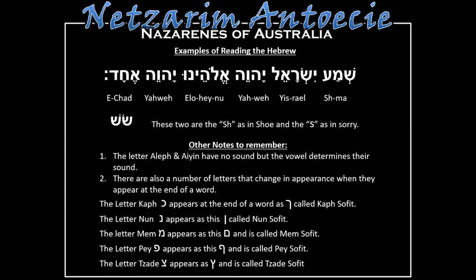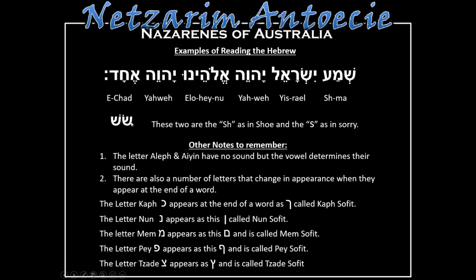All right? So basically we're saying here, Yisrael, Yahweh is our Elohim. Yahweh is one. And I've just repeated here that there are these two letters, sh, which happens to be this one, as in shu, and the S as in sorry.